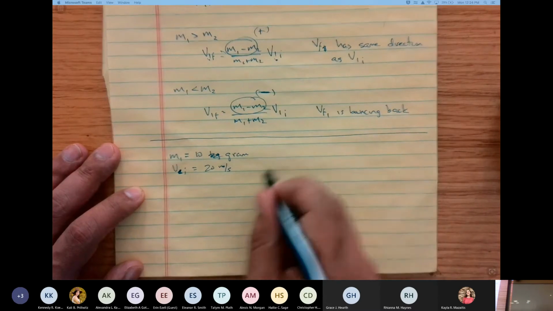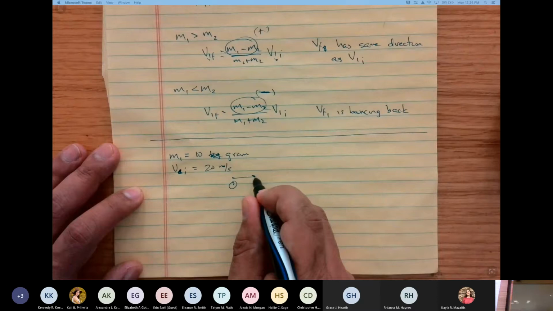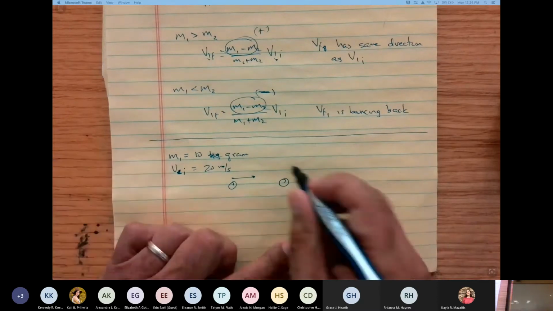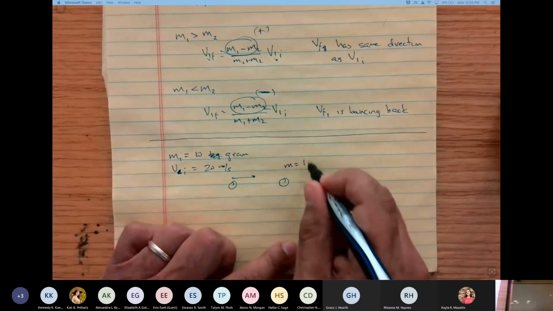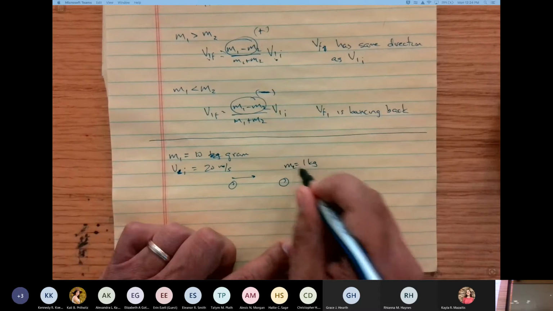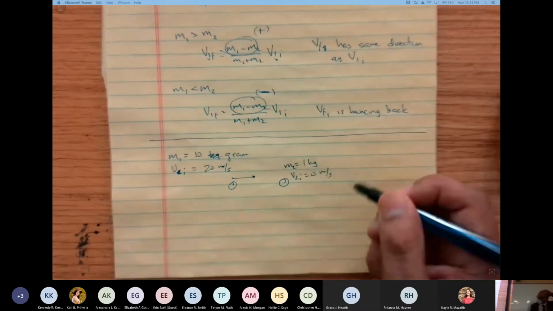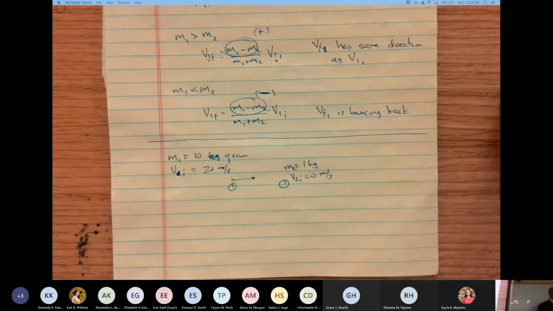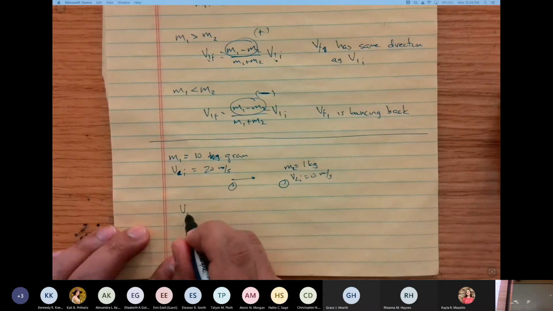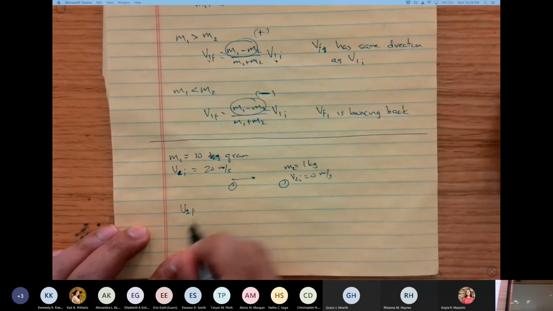It's going to hit another object, and this object is going to be 1 kilogram. And the initial velocity is going to be 0. Okay, so really quick, just calculate what would be the final velocity of the first mass and what would be the final velocity of the second mass.